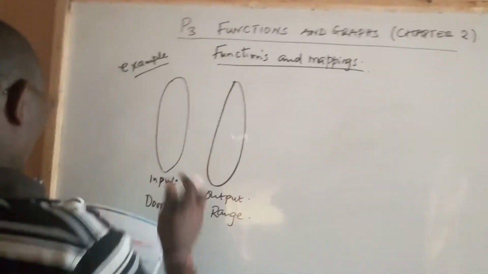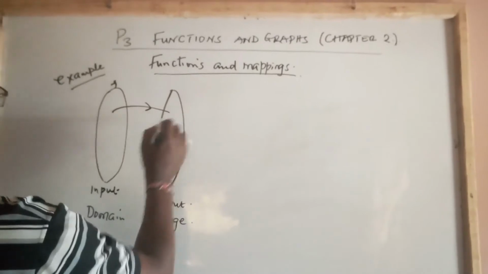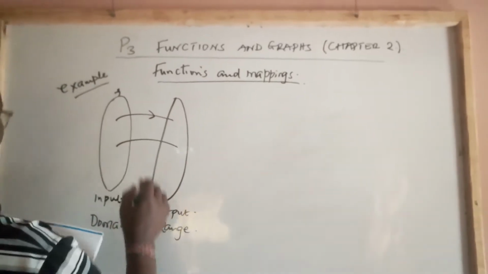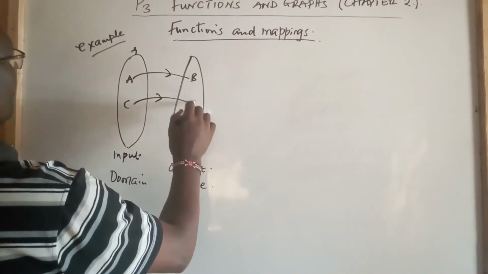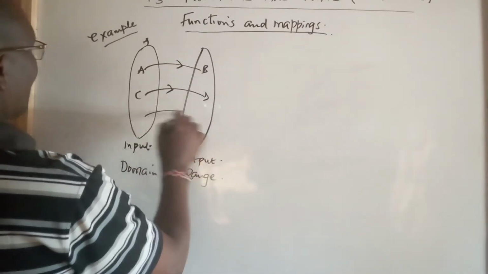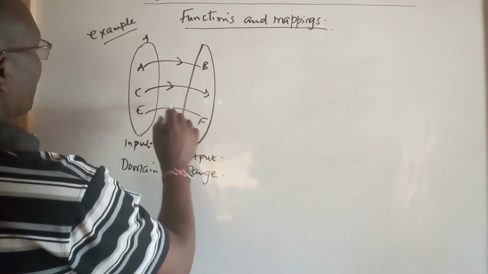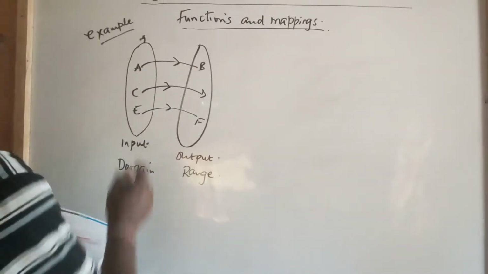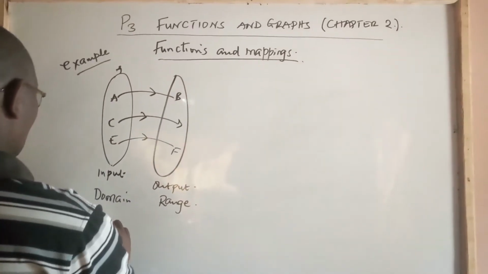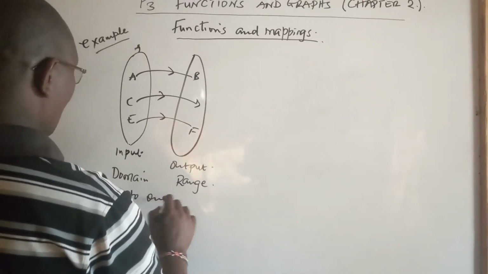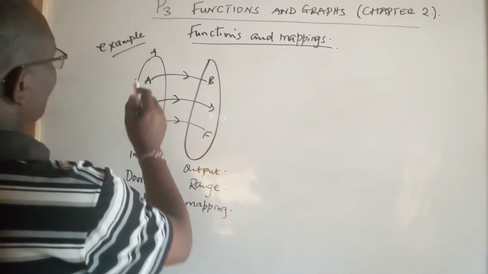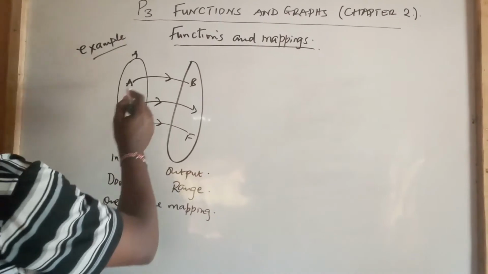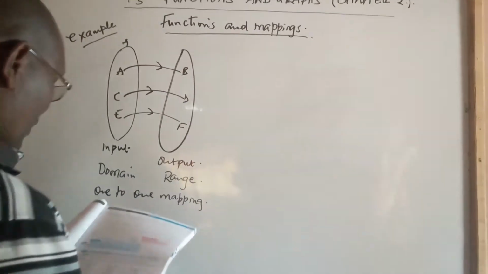So when we have A mapping to a specific value B, A to B, C to D, and E to F, then this is what we are calling one-to-one mapping. And why one-to-one mapping? Because one value of an input maps to exactly one value of the output.